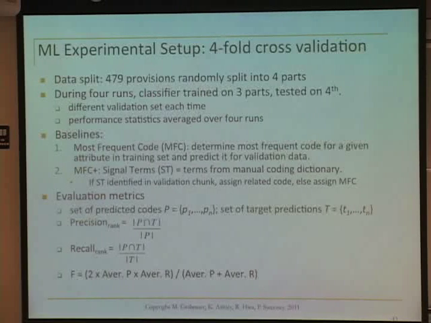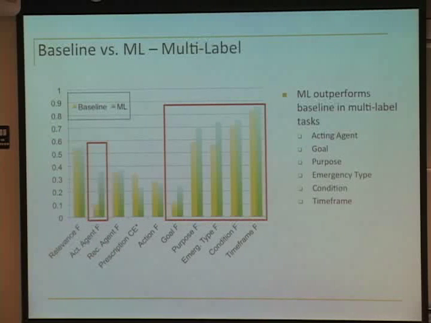We evaluated the metrics in terms of precision, recall, and the harmonic mean of precision and recall, the F number. And we found that we were able to make a modest improvement over the baselines, especially for the multi-label tasks, where here in these, the green results are the results of the machine learning classifiers, and the yellow are the baseline.